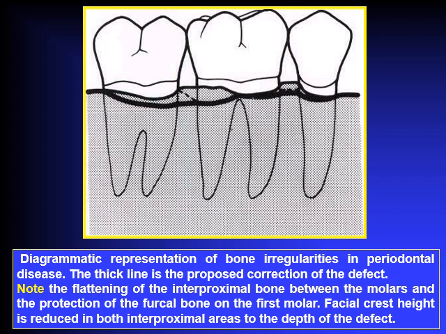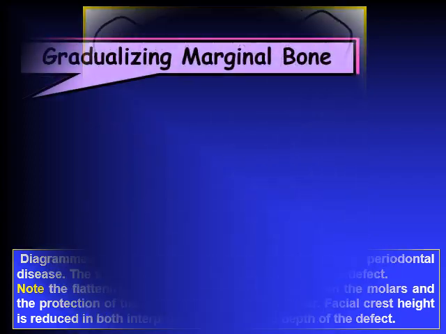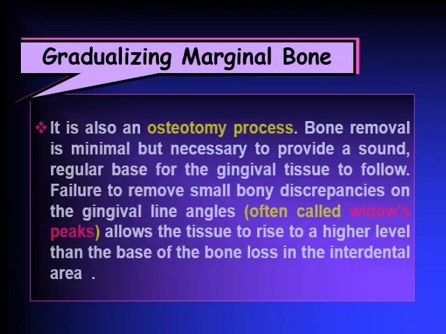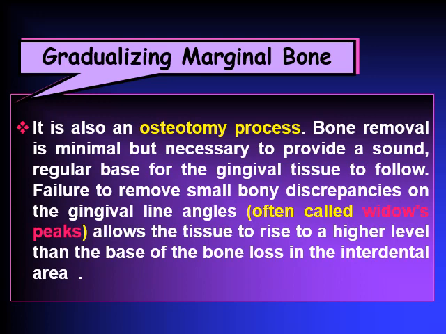The facial crest height is reduced in both the interproximal areas to the depth of the defect. This is flattening of the interproximal bone. It's the gradualizing of the marginal bone. It is an osteotomy process.